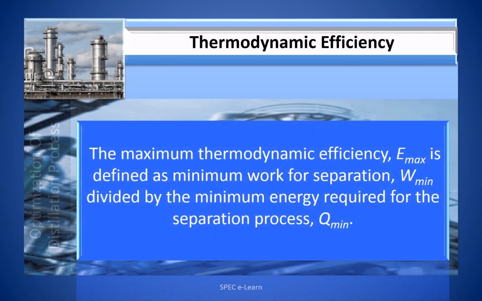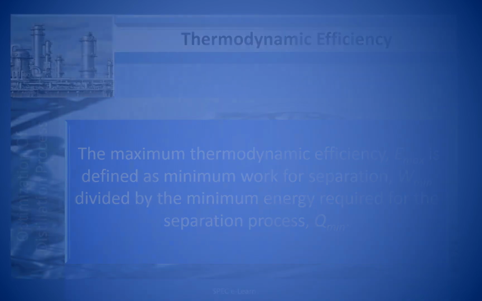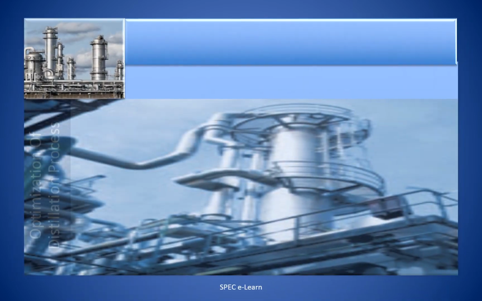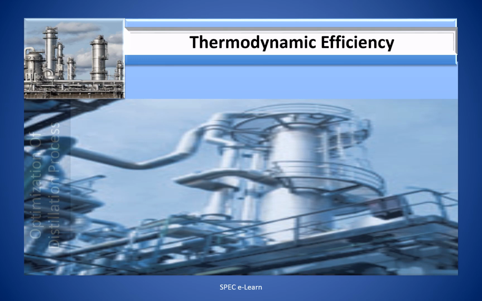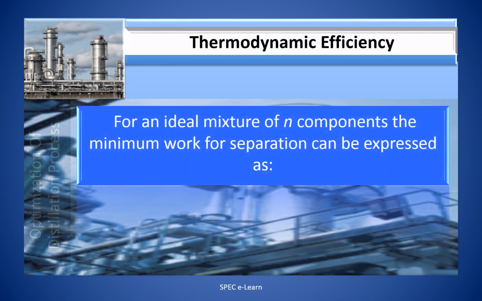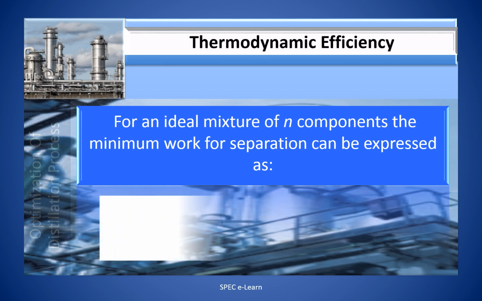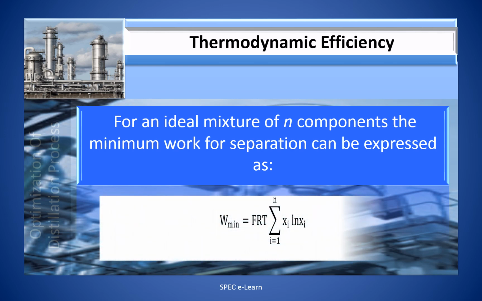The maximum thermodynamic efficiency Emax is defined as minimum work for separation W minimum divided by the minimum energy required for the separation process, that is Q minimum. For an ideal mixture of n components, the minimum work for separation can be expressed as a function of the feed rate, the feed temperature, and the mole fraction of the components in the feed.